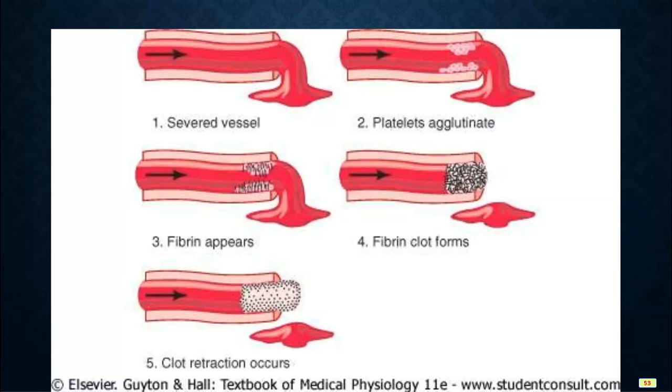Here it is depicted in diagrammatic or pictorial format: first a severed blood vessel, and immediately there will be formation of platelet aggregations, and the third step is that fibrinogen exposure will be present inside the environment, and immediately the fibrin clots will be formed, then clot reaction occurs.